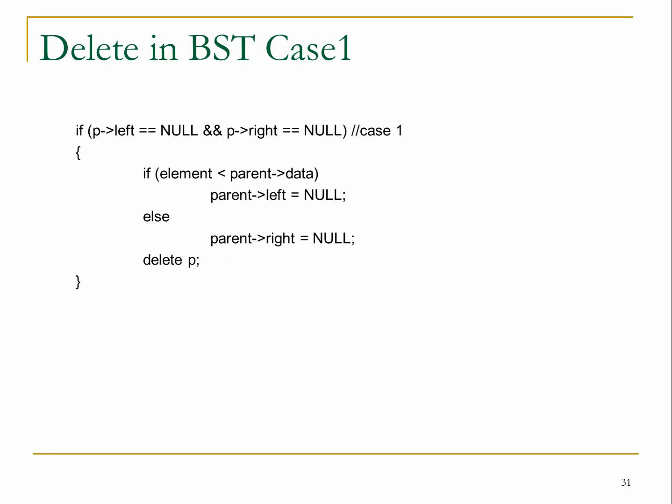There are 3 cases. The first case is that for the node that we want to delete, the left side is null, the right side is null. So that's our case 1 scenario.